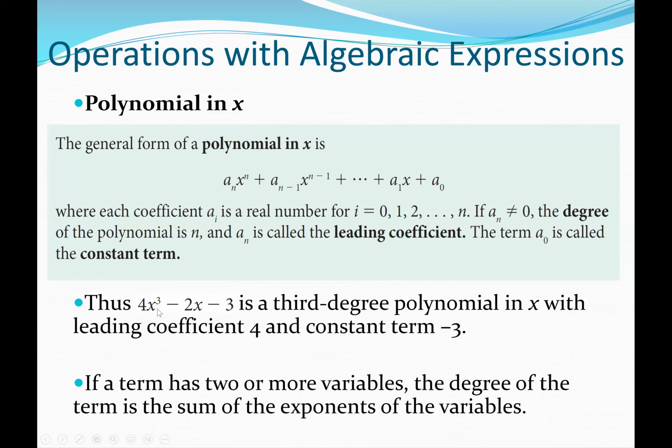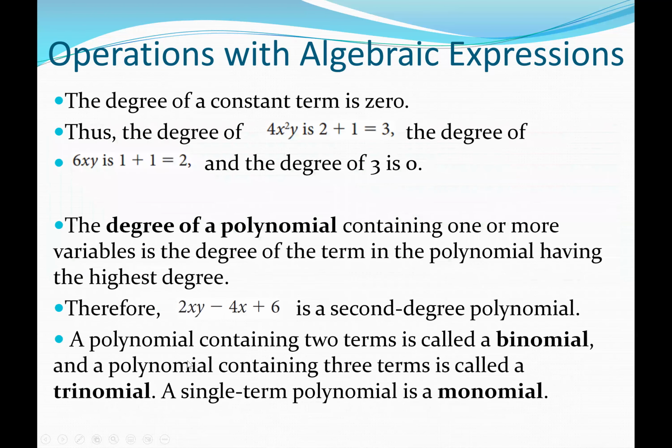For example, if you have x and y, then the sum of the highest degree of y and x will be the total degree for the term. So here we say the degree of a constant term is always 0. So the degree of 4x squared y is 2 plus 1, which will give us 3, because for x the exponent is 2, and for y the exponent is 1.